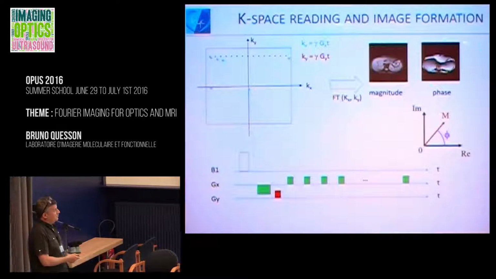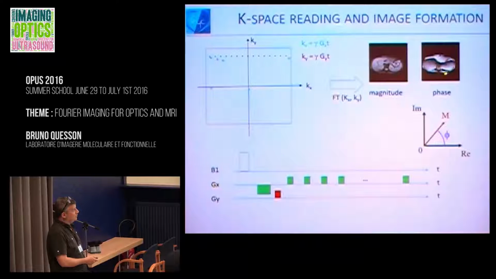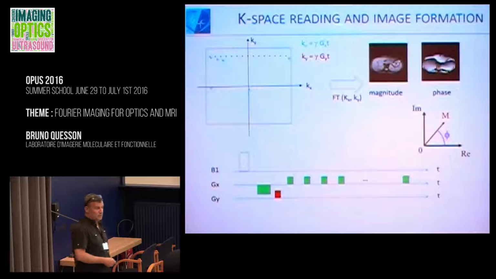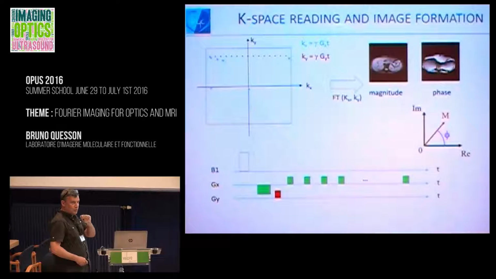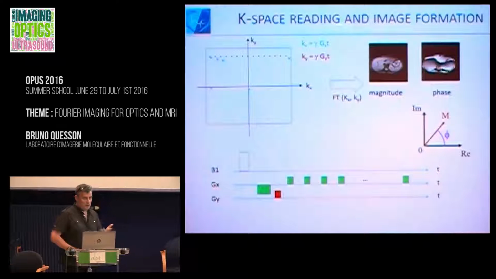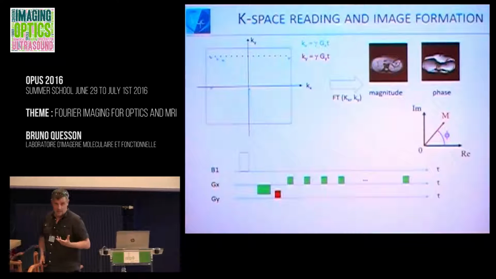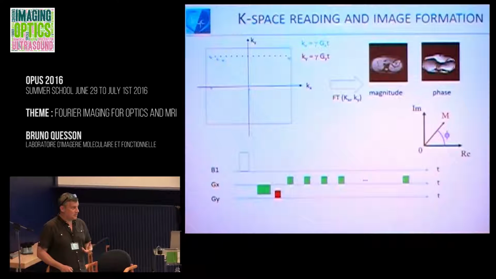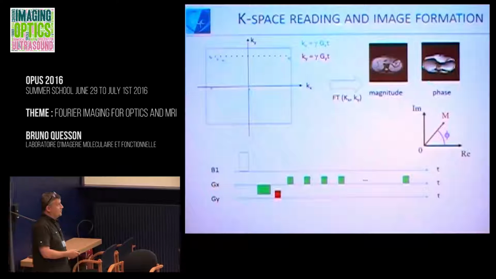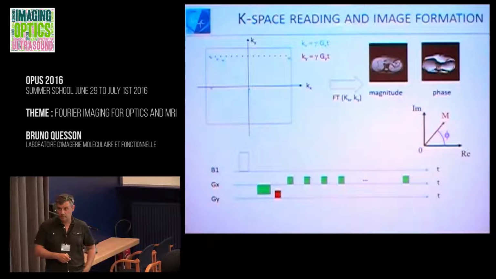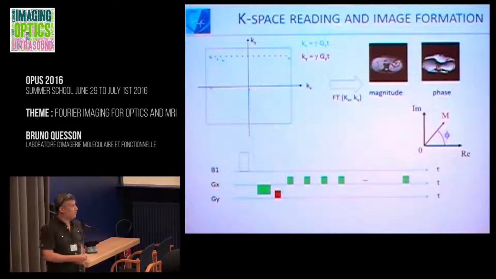But you also get a second map, the phase image, which is very close to what we have seen in this morning's talk about holography. But here the difference is that we have access to the magnitude and the phase of the signal because we measure the complex signal. Okay? And this phase is nothing more than a map of the frequency. Okay, so I have a map of the frequency.